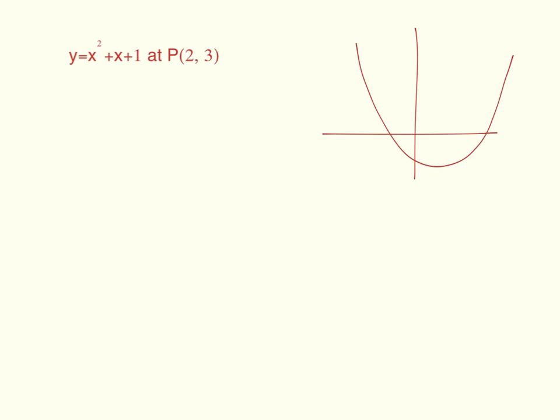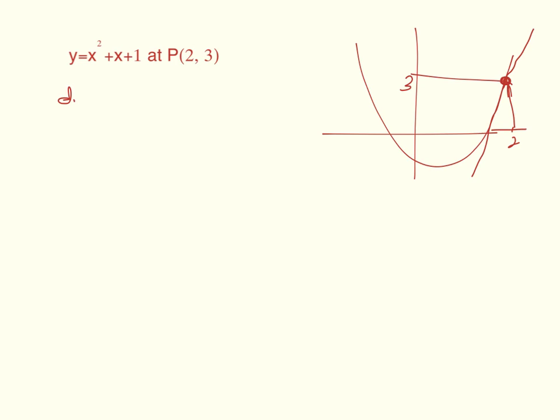And we're trying to find out what's the gradient at some point P. This was probably ill thought out, where we got 2 and 3. So we want the equation of the tangent and the normal at that point. Okay, well, let's go for it. The first thing, before I'm able to find the equation of the line, I need the gradient. And to find the gradient, I need to differentiate this.